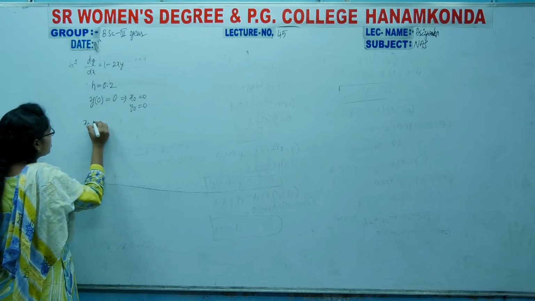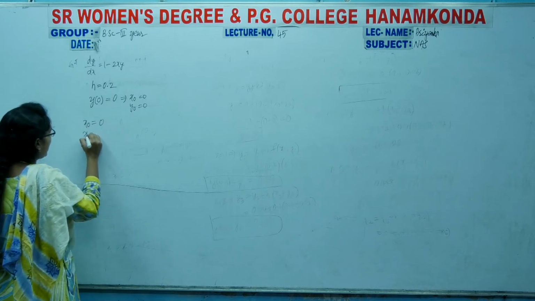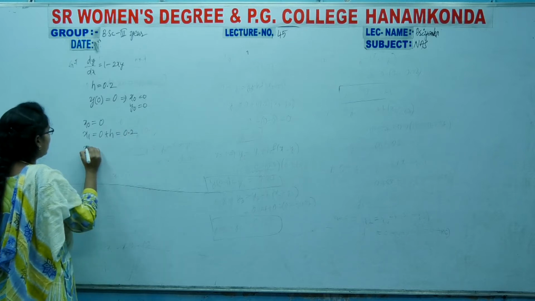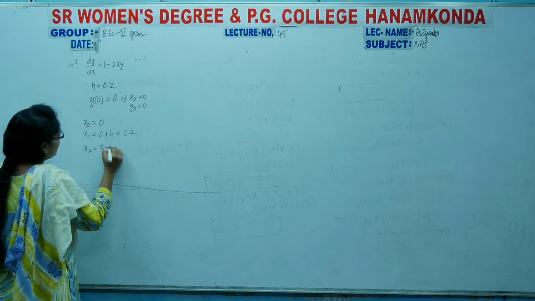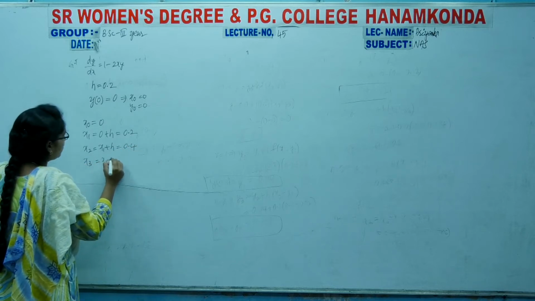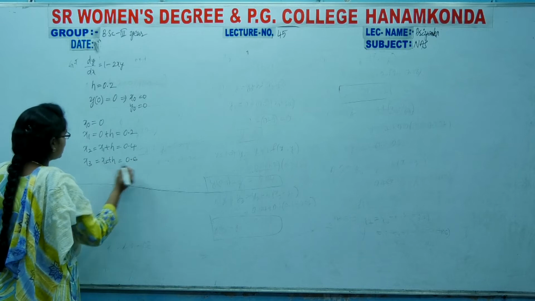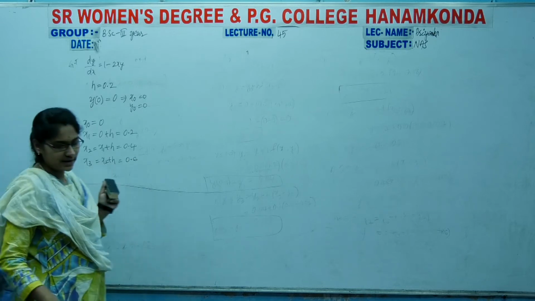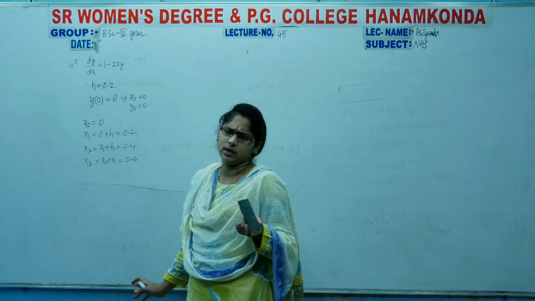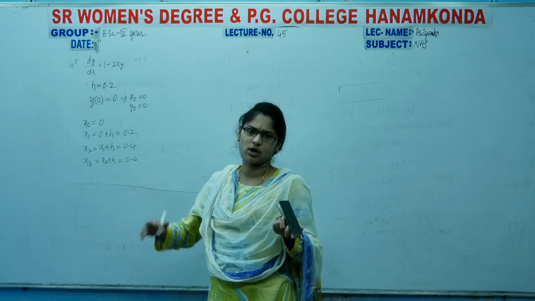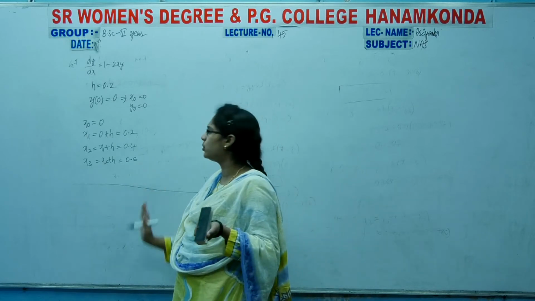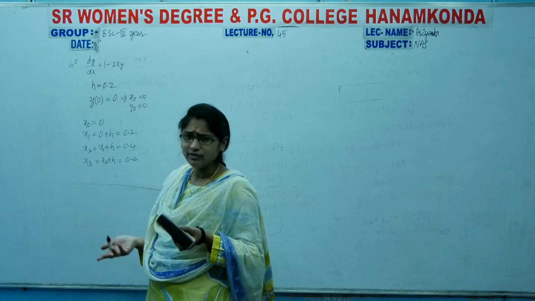Now x0 value is 0, x1 is 0 plus h, that is 0.2. Next x2, x1 plus h, 0.4, x3, x2 plus h, 0.6. They asked to find x is equal to 0.6. So I am taking up to here because they didn't mention up to 6 steps or up to 8 steps like that. I want to know about this value, that's why I am taking up to here. Next, what do we have to do now?